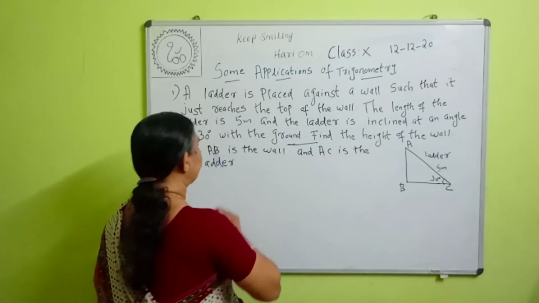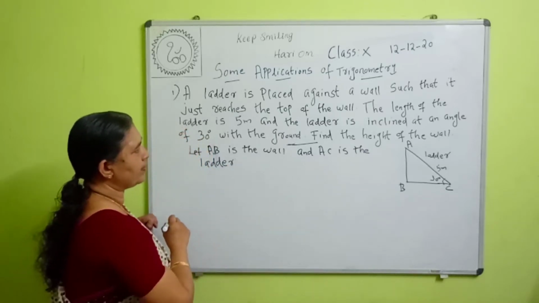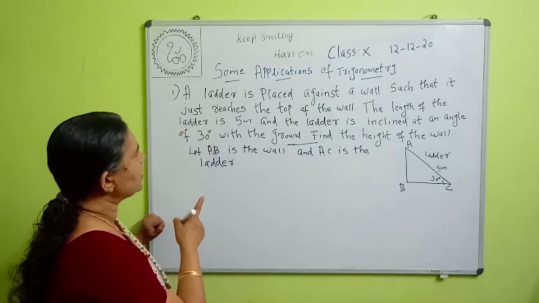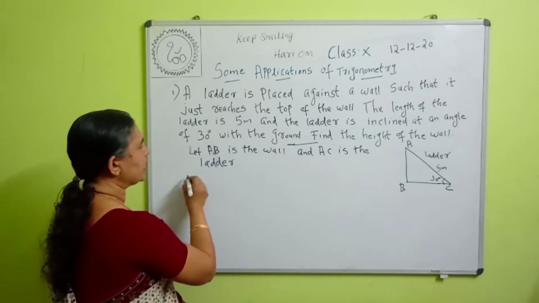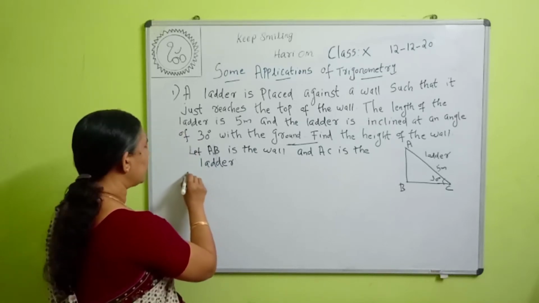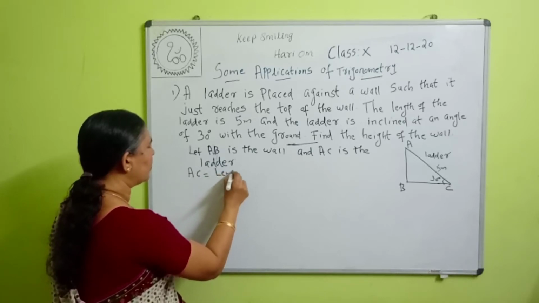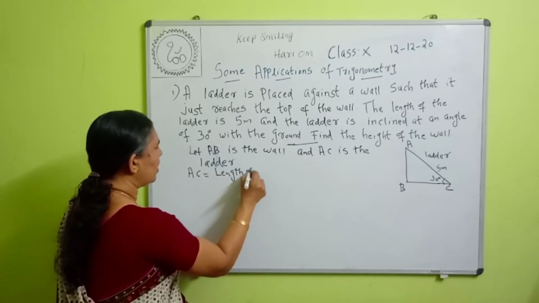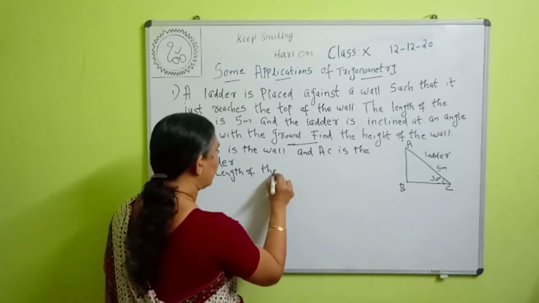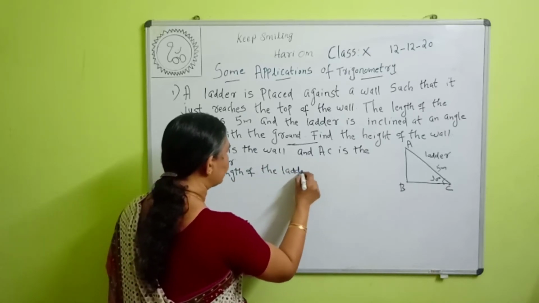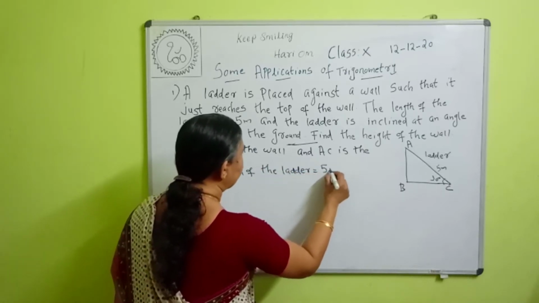The length of the ladder is equal to 5 meters. Therefore, AC is the length of the ladder, which is equal to 5 meters.